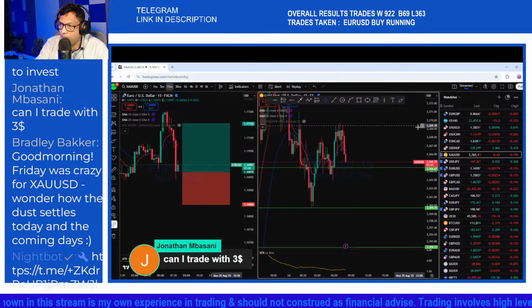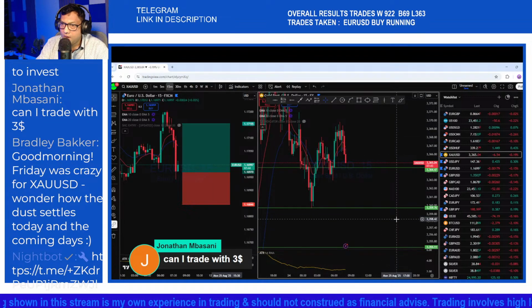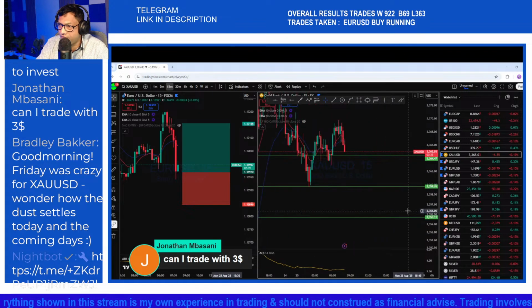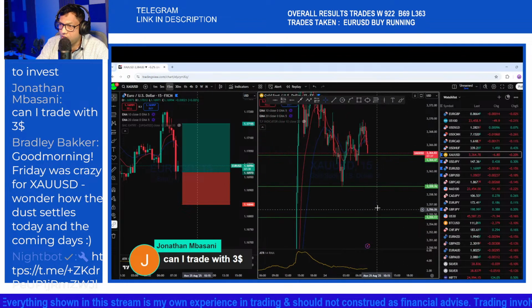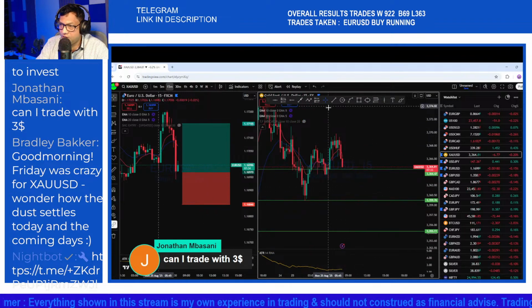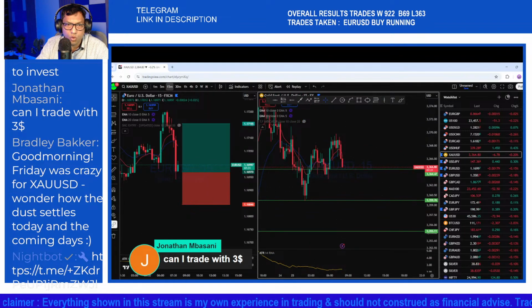Gold started to drop back below here, and if gold is coming to, as I mentioned earlier, the 3359 3360 level, below this level we can look for a possible entry after one single move. That is needed for us to look for an entry on gold.